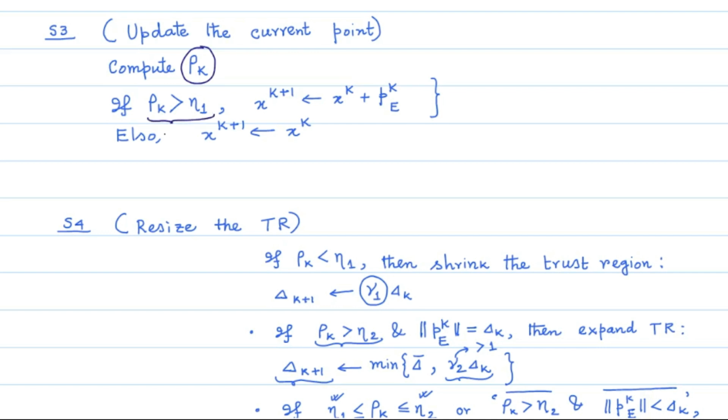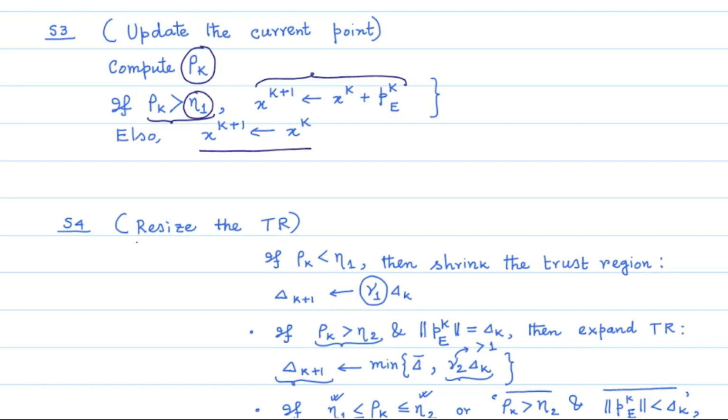If greater than eta_1, then only in that case we use the trust region step to update the current iterate. And if rho_k is less than or equal to eta_1, we do not use the trust region step as the next iterate. So we hold on to the current iterate.